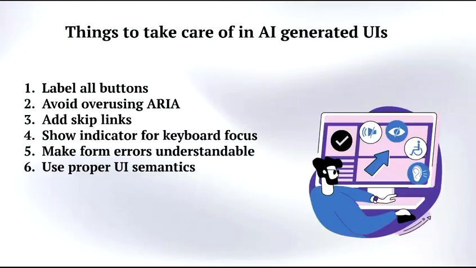Fourth one is show indicator for keyboard focus. Now, I've been saying that people use keyboard tabbing, but if your UI does not have a focus to show them where they actually are, that again gets confusing and frustrating. I mean, you don't know where your focus is. So it might become confusing where they actually are, or whether they pressed tab or shift-tab to go back or go ahead.